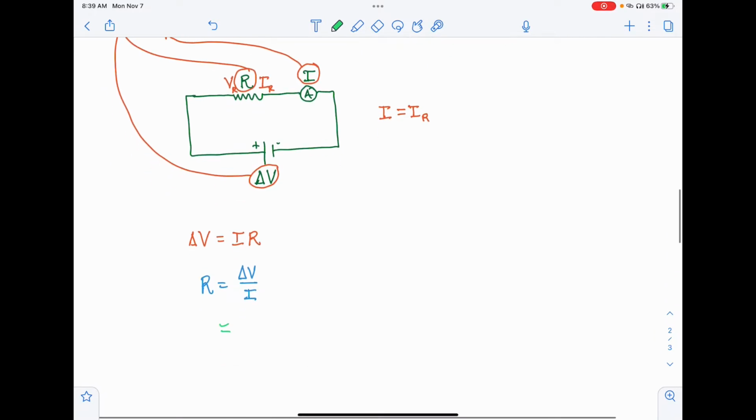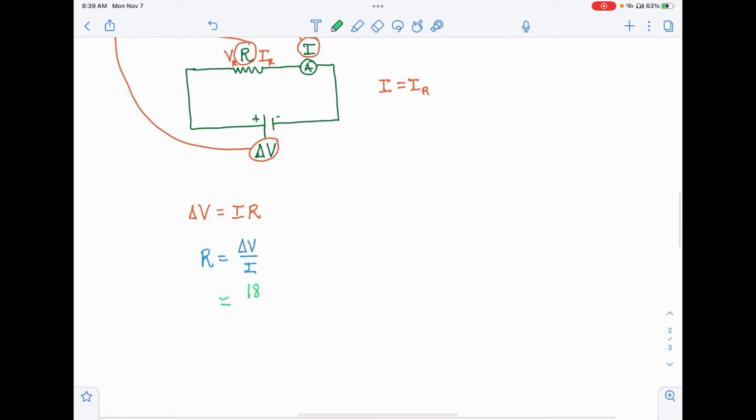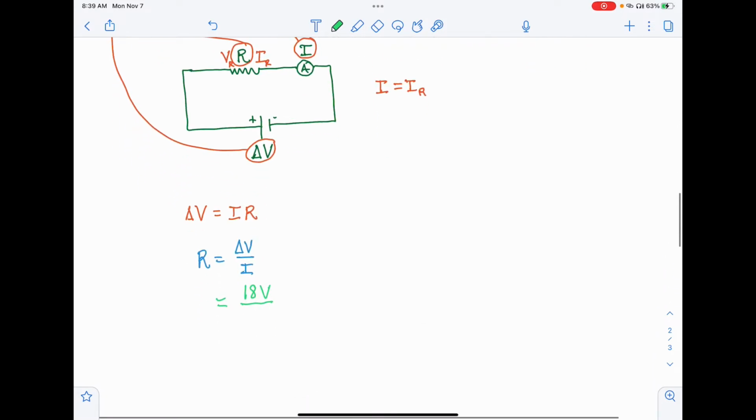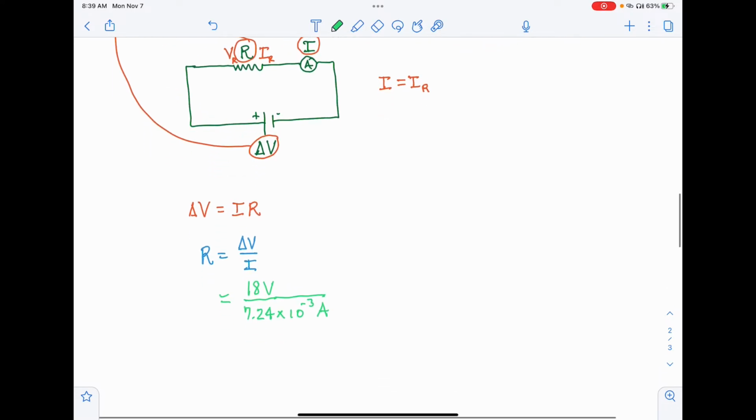Delta V is 18 volts. Do not leave your units off. A mistake will be a mistake. 0.24 times 10 to the negative third amperes. Even if I do it, it is a mistake.